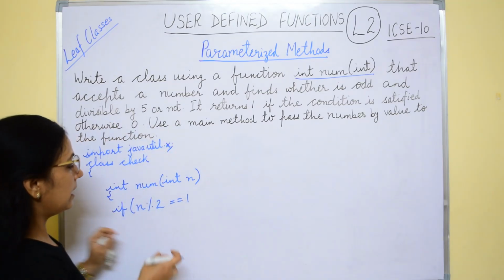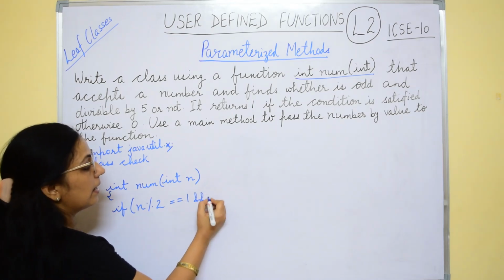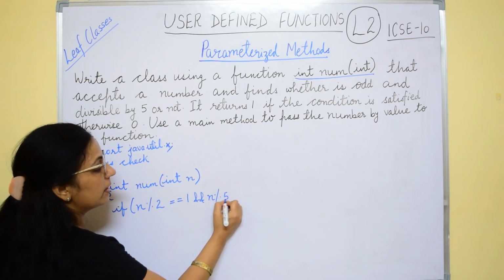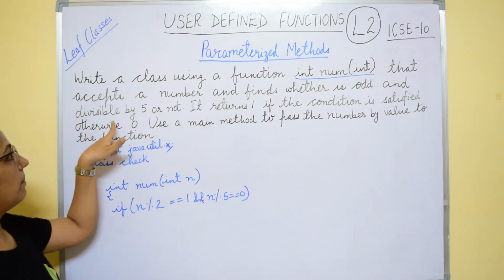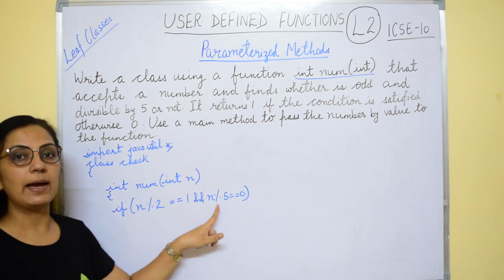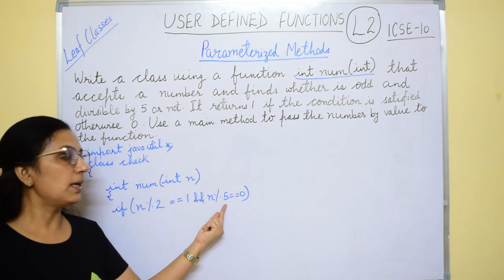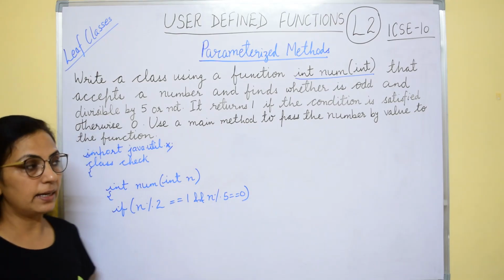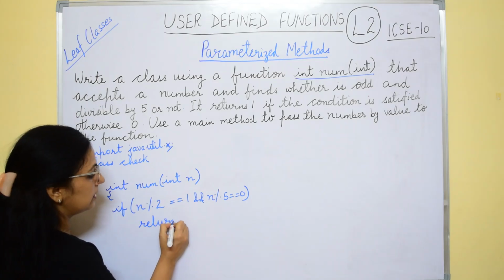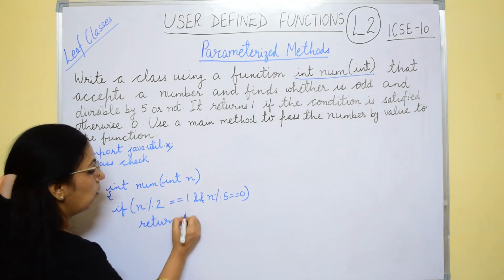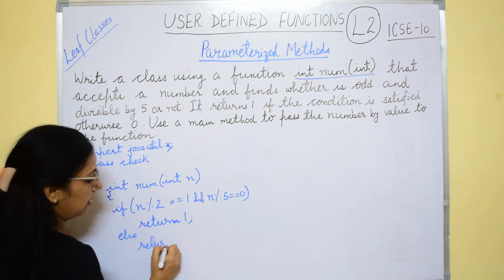So for the first condition we have given if n mod 2 equals to 1 and n mod 5 is equals to 0. The second, divisible by 5. So if you divide the number by 5 and you get the remainder as 0, that means n is fully divisible by the number 5, right? So here you have to use the return statement, return 1 else return 0.